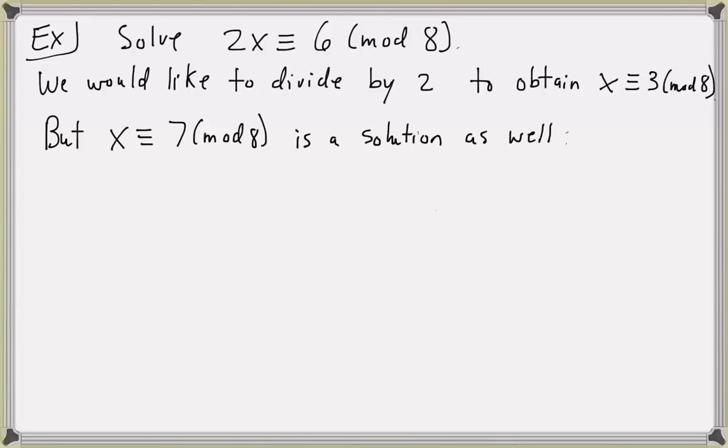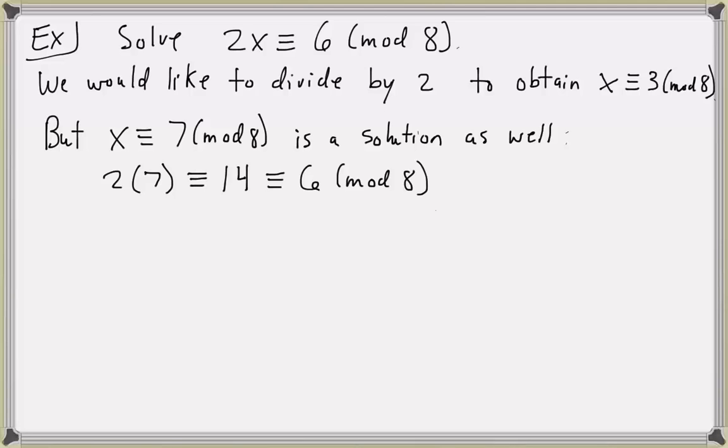To see this, let's plug in 7 for x, so 2 times 7, which is 14, and that is congruent to, if I subtract 8, 6 mod 8. So we see that there seem to be 2 solutions: x is congruent to 3 mod 8 and x is congruent to 7 mod 8.